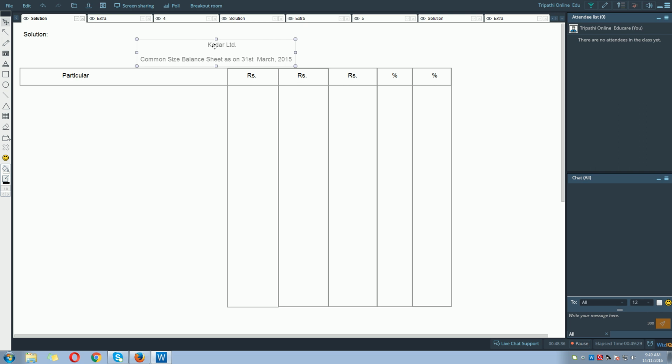We'll have to prepare a rupees column and a percentage column. Particulars, rupees column, rupees column, and there will be a percentage column. Let's start.